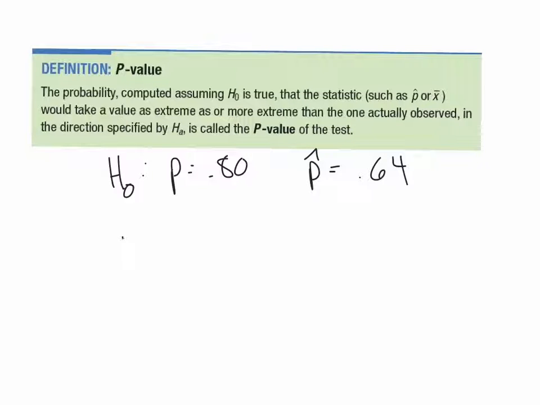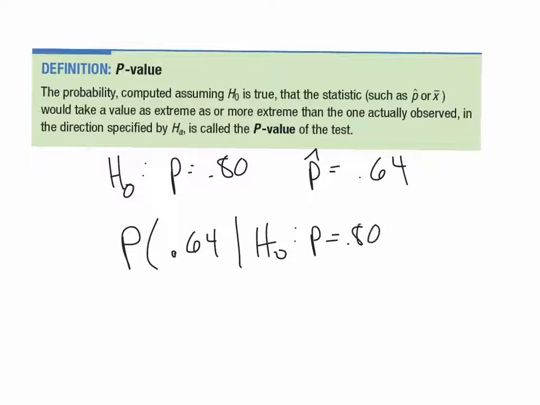So we're looking at the probability of getting 0.64, assuming that H0, where p is equal to 0.80, is true. What's the probability of that?